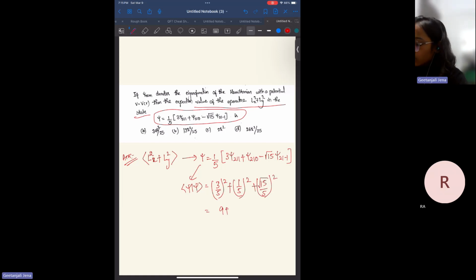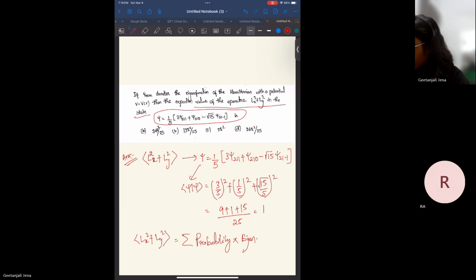So this is 9, 1 and 15. So this is normalized. So that means the expectation value, you can write it as a summation of probability multiplied by different eigenvalue.